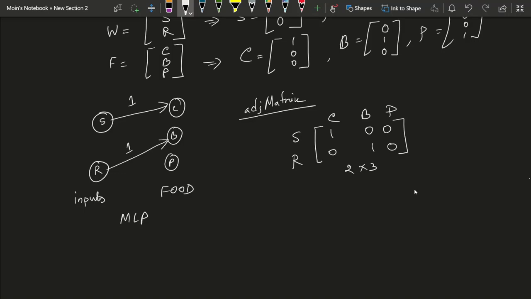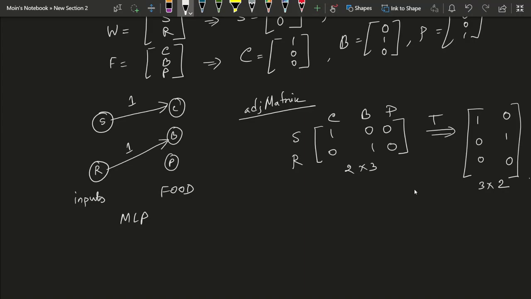So we need the transpose matrix. We know already that we need the transpose of the adjacency weight matrix. After transpose, we might have 1 0 0 and 0 1 0, and this matrix represents the dimension of 3 by 2.